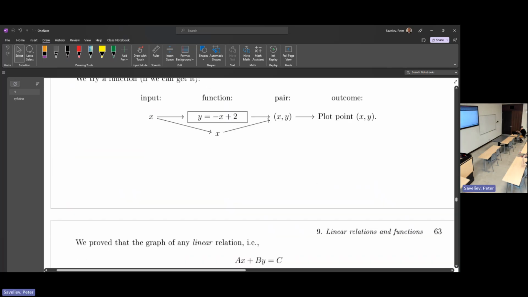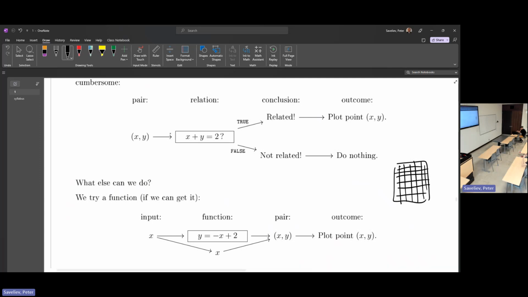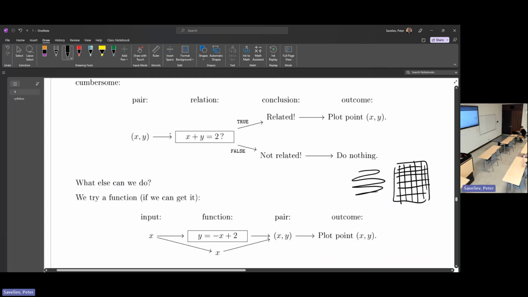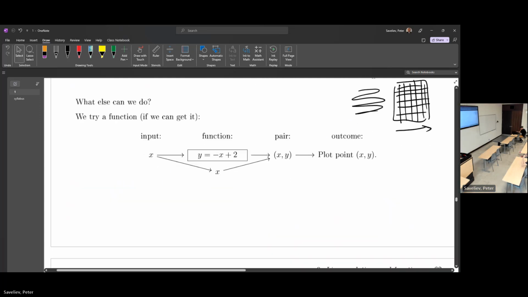Yeah, so in the picture you saw, remember going through a square of points like this, and then you have a bunch of yeses and nos. But this one does not require that. Instead of going through like this, you're only going like this through the axes, and each one produces y, and you plot it. So of course you're familiar with functions, you're familiar with how they're plotted. That's how.